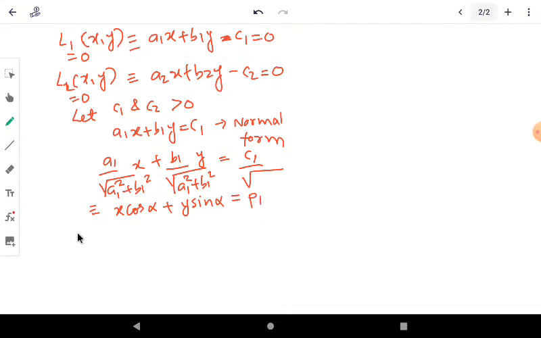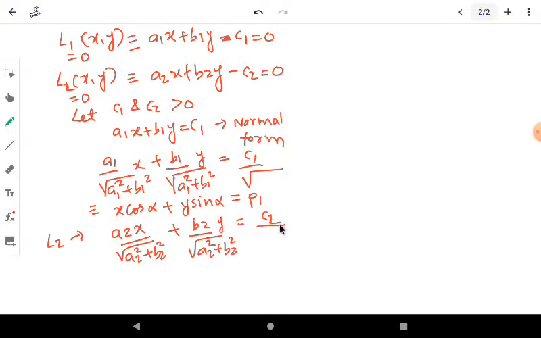Similarly, the other line L2 we can convert to normal form as a2 by under root a2 square plus b2 square x plus b2 by under root a2 square plus b2 square y equals c2 upon under root a2 square plus b2 square, which is equivalently x cos beta plus y sin beta equals p2.